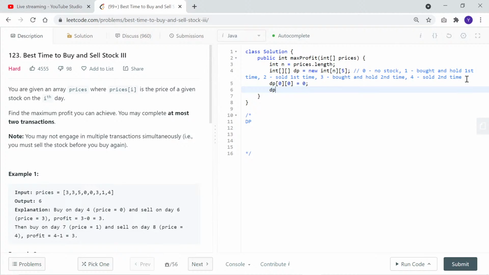We have no stock, so we don't get any profit. dp[0][1] is we bought a stock on this first day, so the profit is negative prices[0]. dp[0][2] is we sold the first time, which is actually impossible because on the first day we cannot buy and sell stock on the same day.